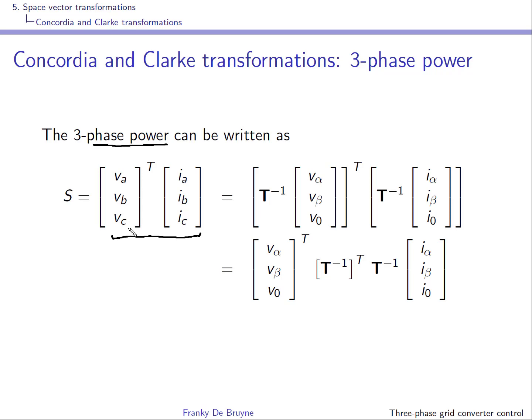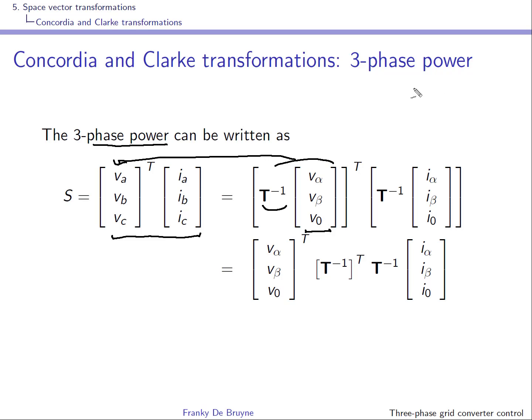So we'll write the vector as a function of the voltage after transformation. This can be done using the inverse transformation, and we'll do this for the Concordia transformation and for the Clarke transformation.